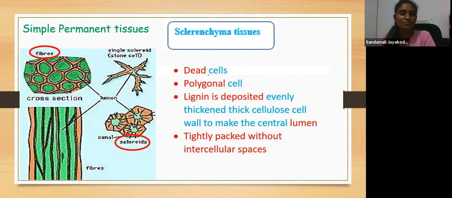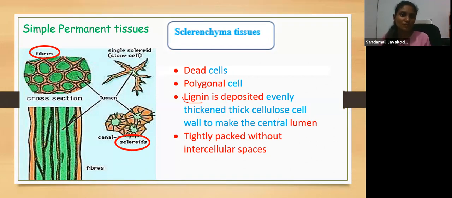They don't have a nucleus, they don't have cytoplasm, they don't have any other cellular organelle. And also they are polygonal in cross section. They have become dead cells because the chemical compound named lignin is deposited evenly on the cellulose cell wall. Due to that reason, they have become dead.